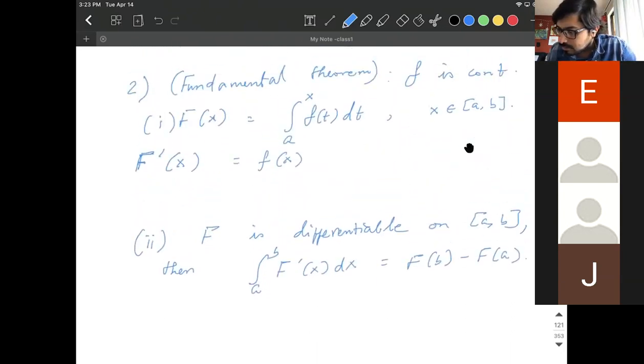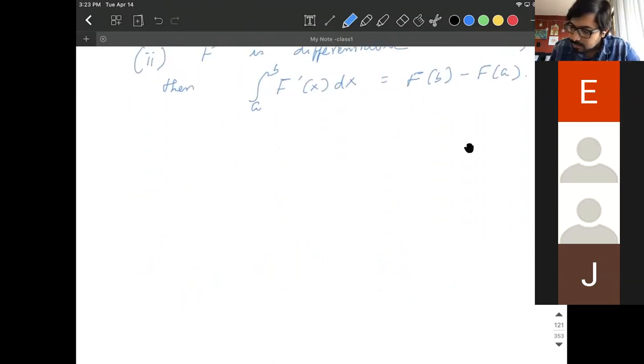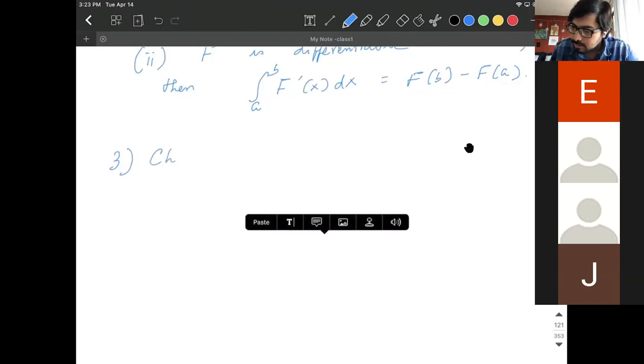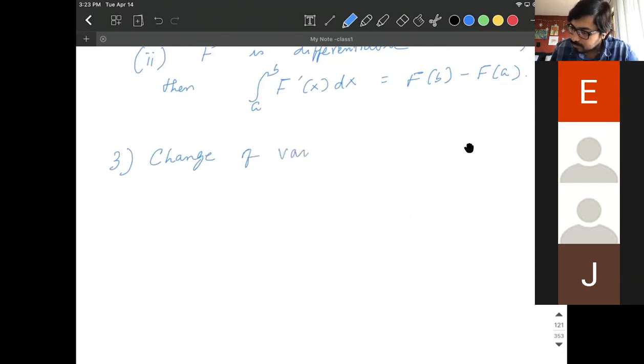And then the last one which I want to write down is the change of variable. This is on page 7. Okay, so what does it say?